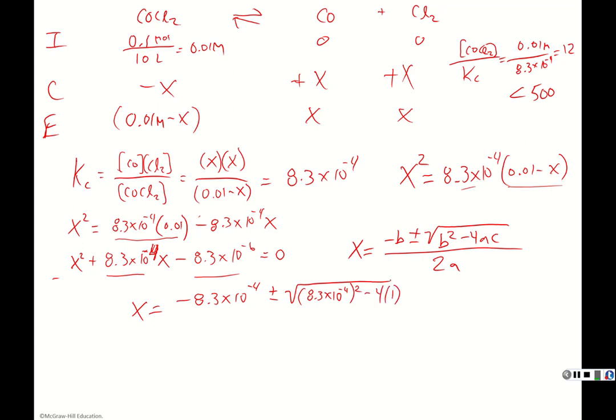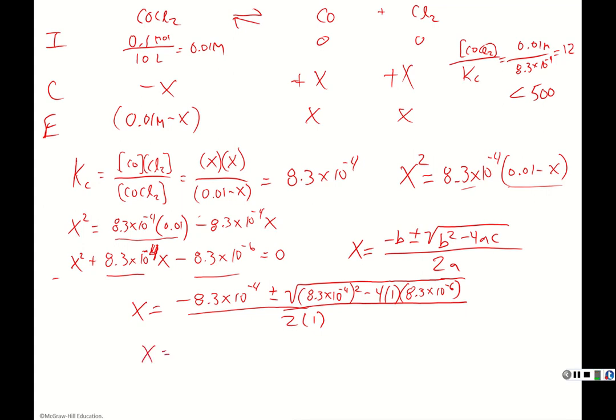A is 1, which is easy. All divided by 2 times a, which again is just 1, so that's easy. All right, so then we're doing the math here, plugging it into the calculator.